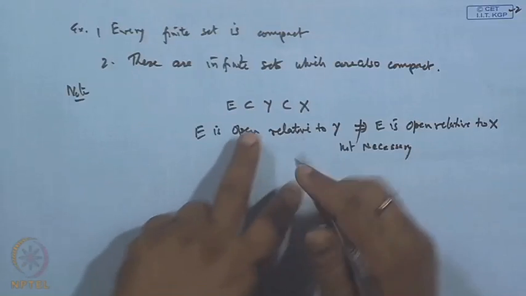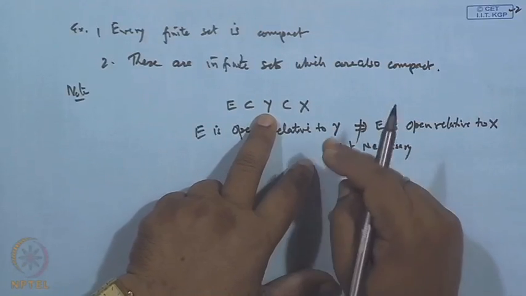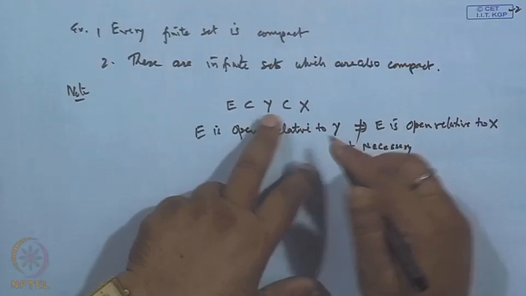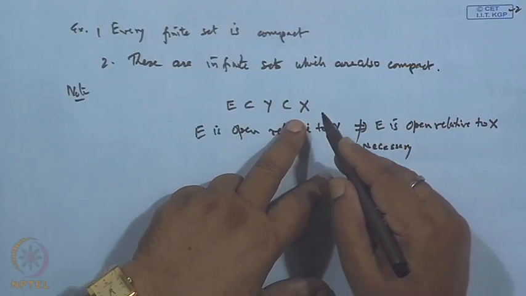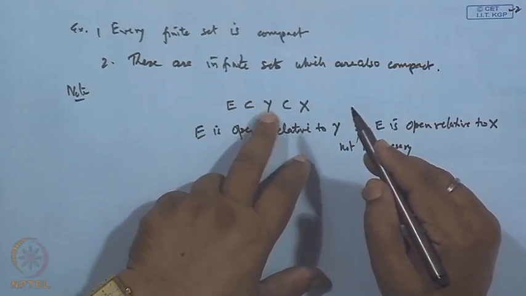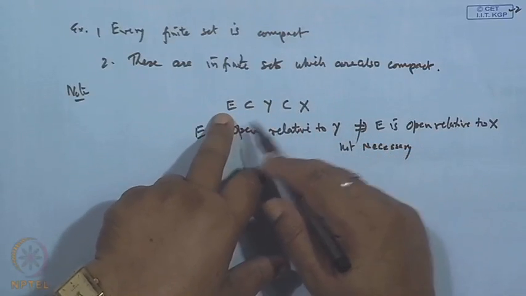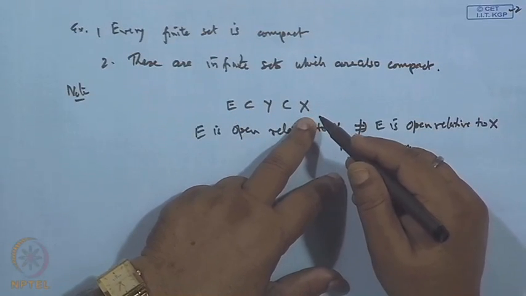If a set is open in a subspace, because (X, d) is a metric space and Y is a subset of X, so (Y, d) will also be a metric space. So, if a set is open with respect to the metric space (Y, d), then it may or may not remain open with respect to the metric space X.